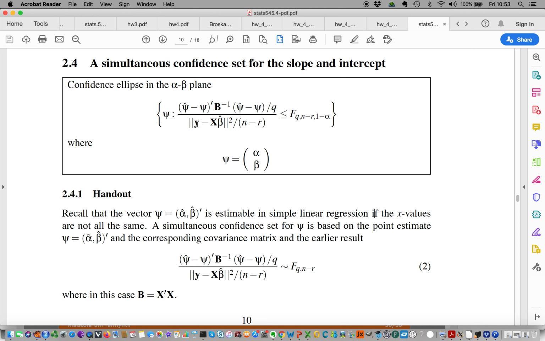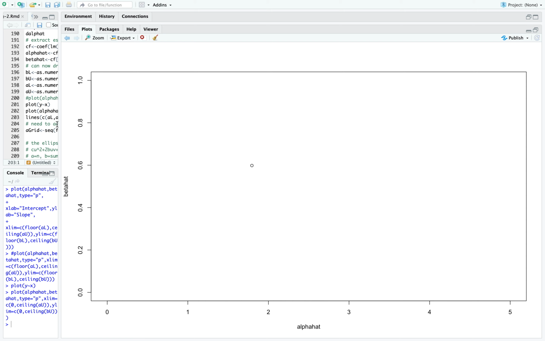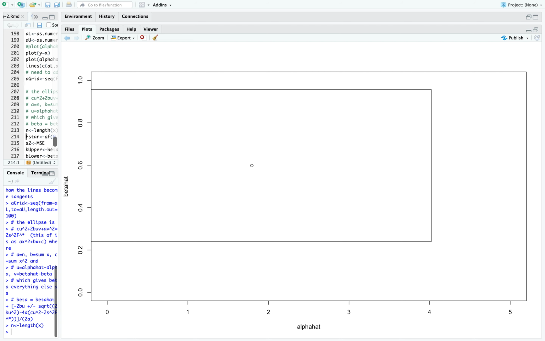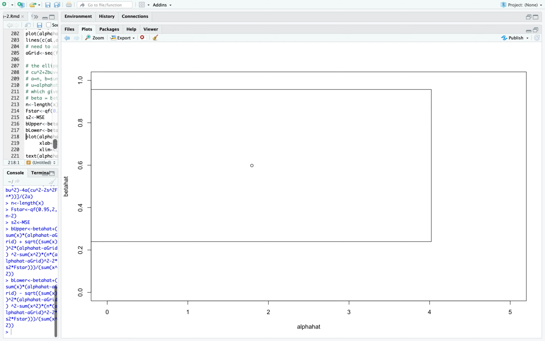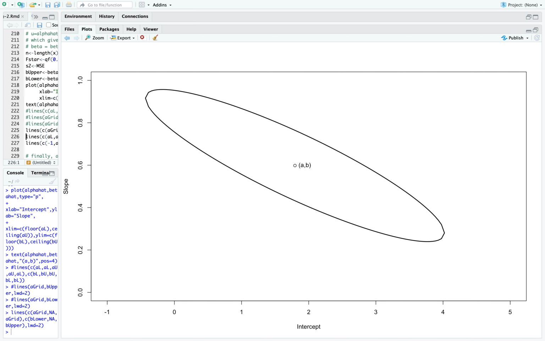You can expand this by inserting the alpha hat, beta hat here and the alpha, beta here, and expand this into a quadratic equation, and that will give you a set of values which will look something like this around the point estimate.